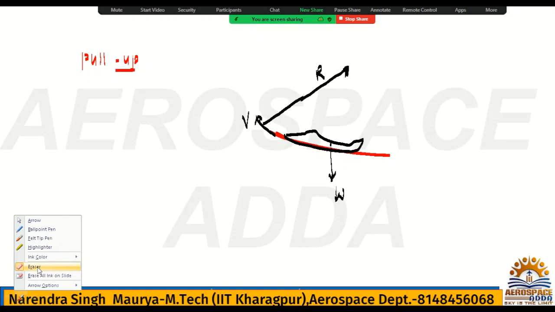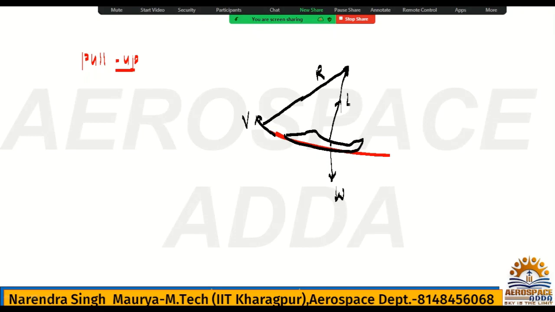So this is the lift force in upward direction, so this lift will be greater than the weight. All right, this is the pull up.